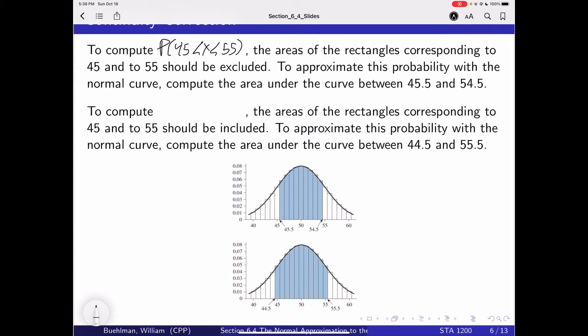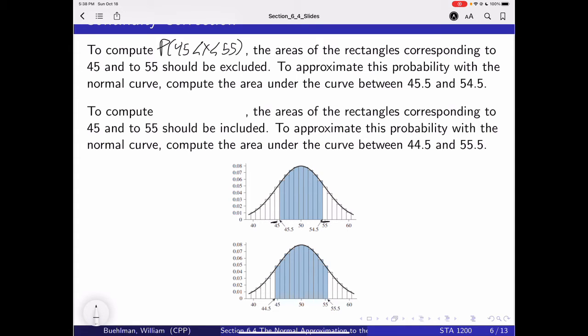To approximate this probability with the normal curve, compute the area under the curve between 45.5 and 54.5. If you look down here, we can see that this now does not include 45 and 55.